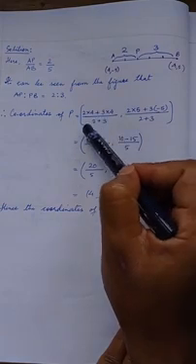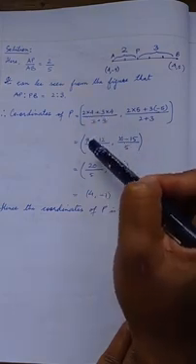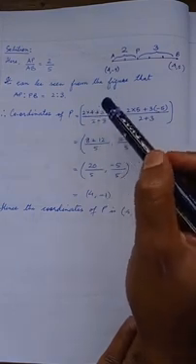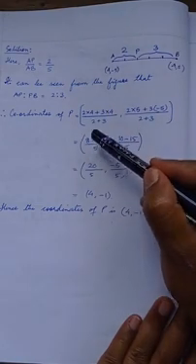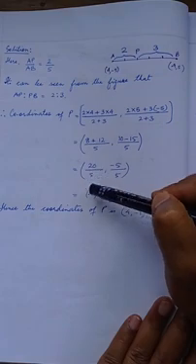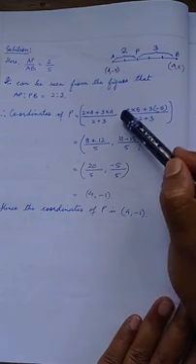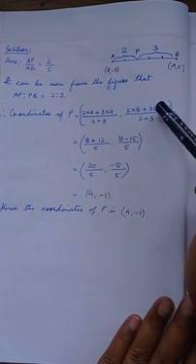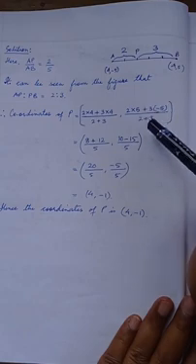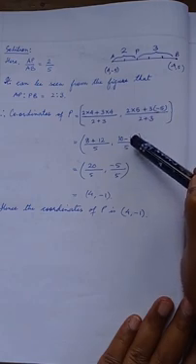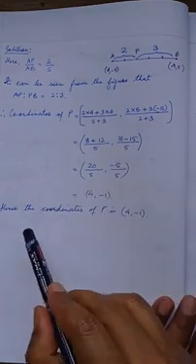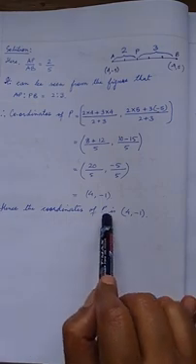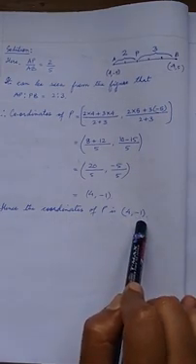So here we will multiply the numbers. 2 multiplied by 4 is 8, 3 multiplied by 4 is 12, 8 plus 12 is 20, divided by 5 is 4, and here 2 multiplied by 5, 10, 3 into minus 5, minus 15, 10 minus 15 is minus 5, minus 5 by 5, cancel it, minus 1. So the coordinates of P is (4, minus 1).